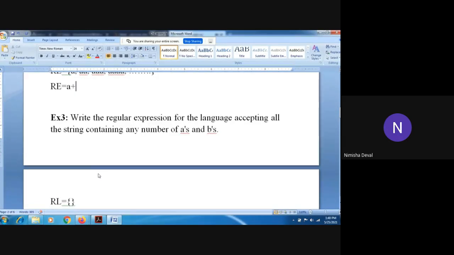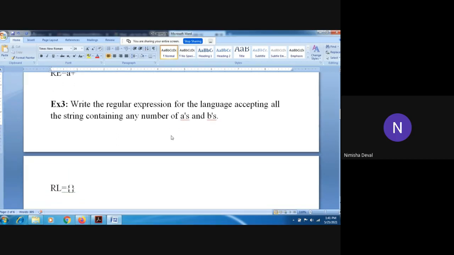Write the regular expression for the language accepting all the strings containing any number of a's and b's. Now, you have to try this example. First, I will provide you the regular language, meaning which strings come under this part. Then you have to try to design its regular expression.